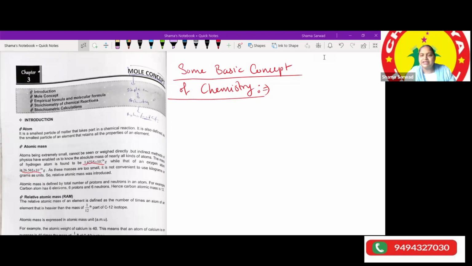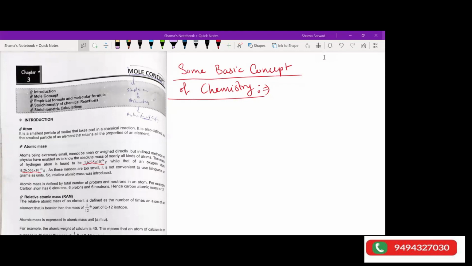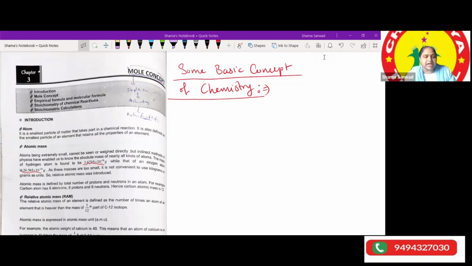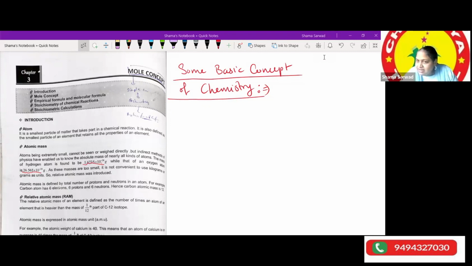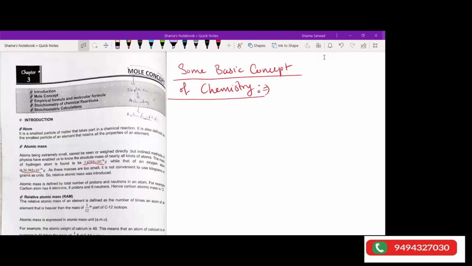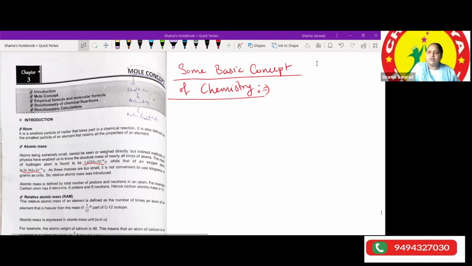Dalton's atomic scale. Yes, Pritam, I'm not able to hear you. Can you please speak a little louder? Hello? Yeah, you said something, but it wasn't audible to me. The laws, conservation of mass and definite proportions. Okay, do one thing, please type it in your chat box, so I'll get to know what you want to say.